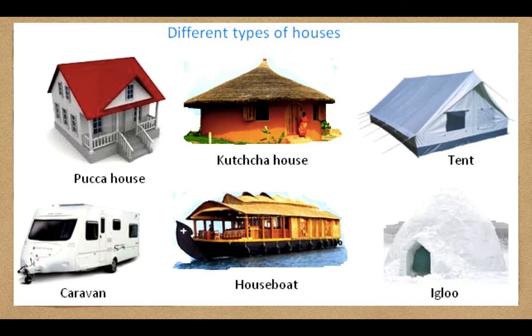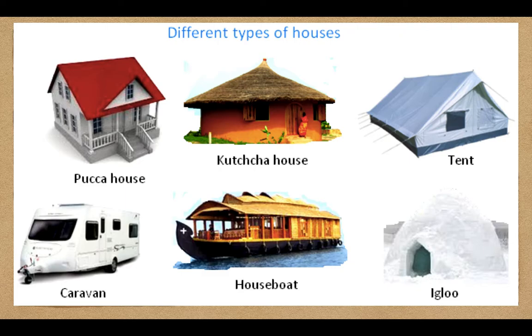See, the first one is the pakka house, the house which we live in, which is made up of cement and concrete. Even a bungalow is a pakka house. A palace is a pakka house, made up of cement and concrete.